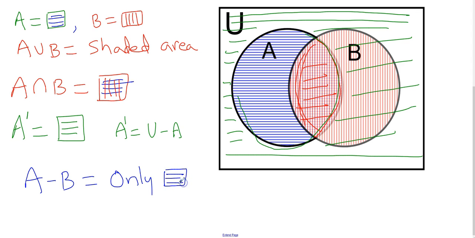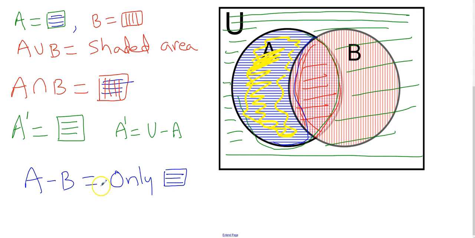It should not be connected to the vertical, just this area, only this space of A which is not connected to B. That's why it is called A minus B.